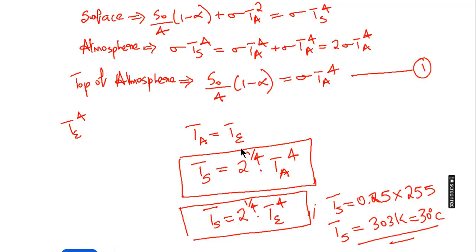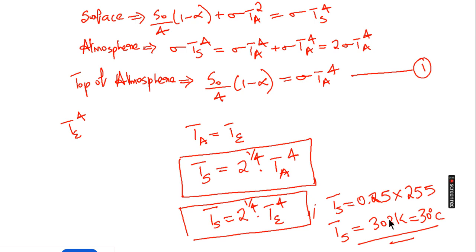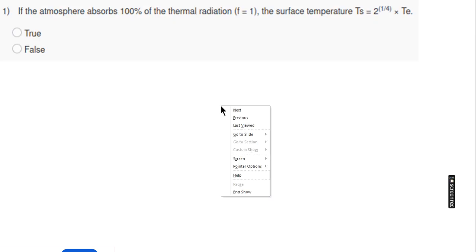So here actually we assumed that F is equal to 1, which is given. Here we are considering it is absorbing all the radiation, right? Then it is true, correct?